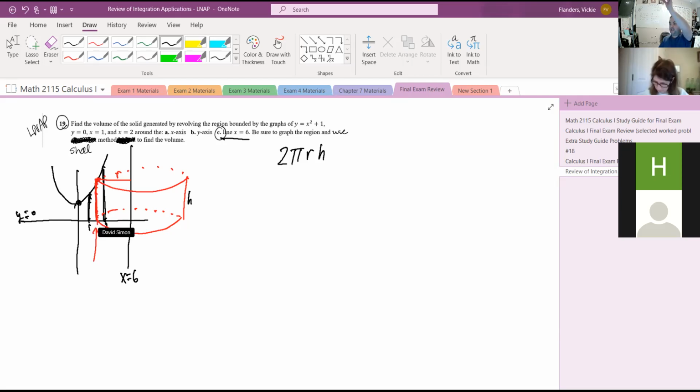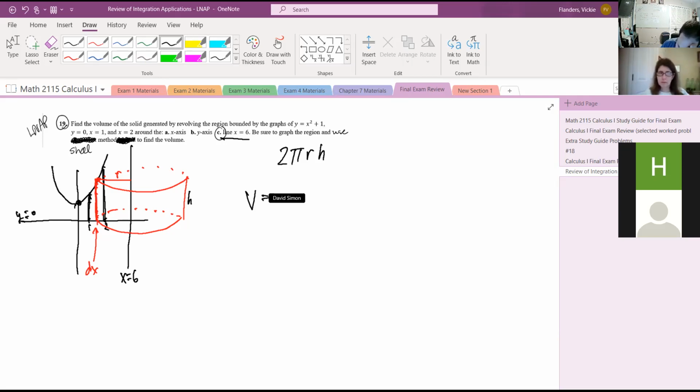You can notice the slice there has a thickness of dx, and I'm going to be moving it along the region from x equals 1 to x equals 2. So since my thickness there is a dx thickness, then I would like to have r and h eventually as some sort of function of x. And therefore, that's what will begin the setup of our integral.